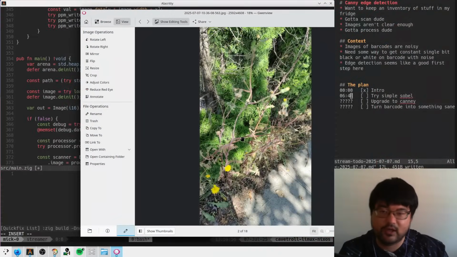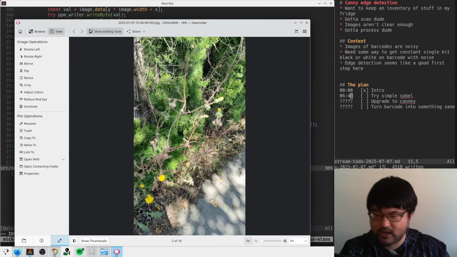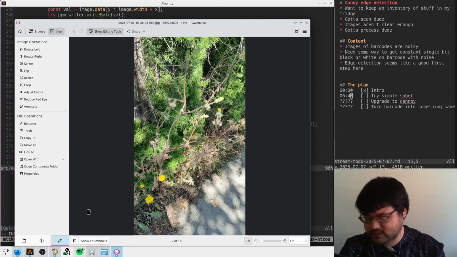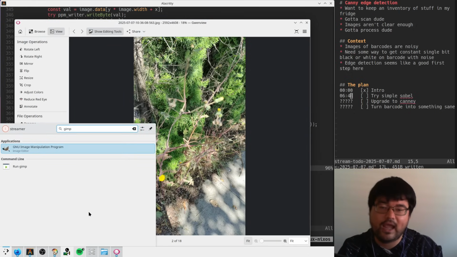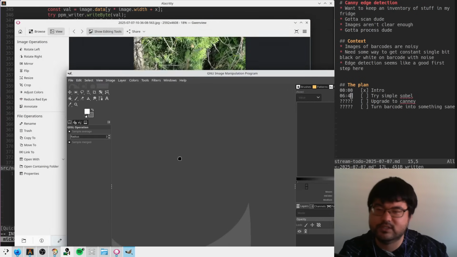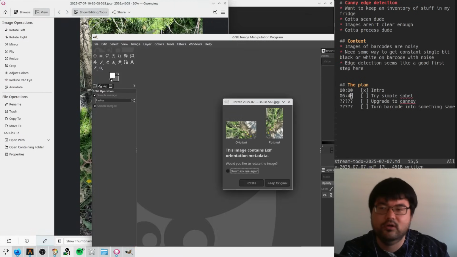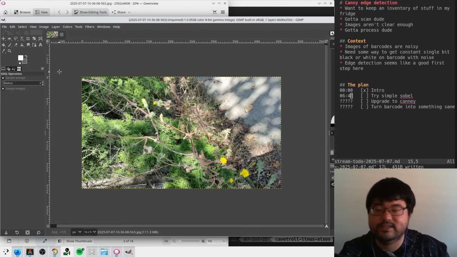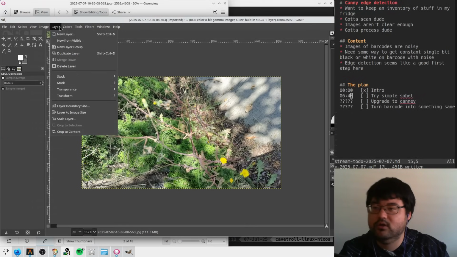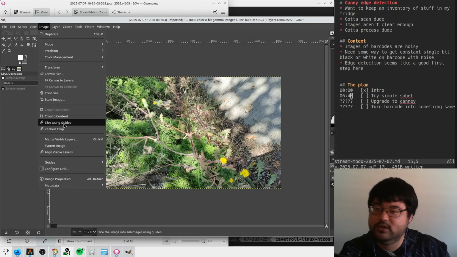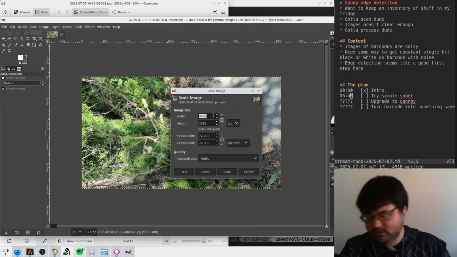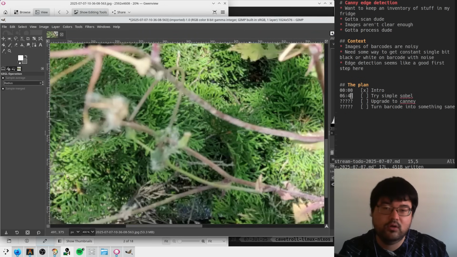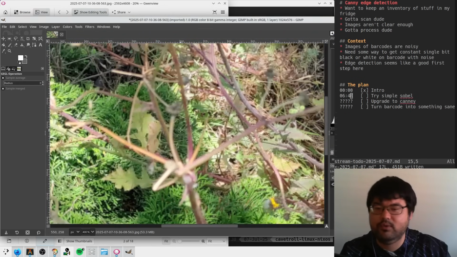And actually, how high res is this? This is really high res. We could downsample in code, and we will have to do that eventually. But for now, I'm just going to downscale in GIMP first. I think that's easier. Can we drop this to like 1024?